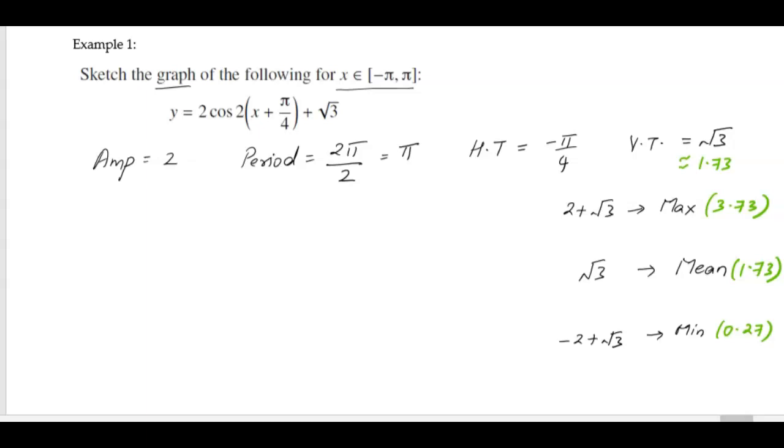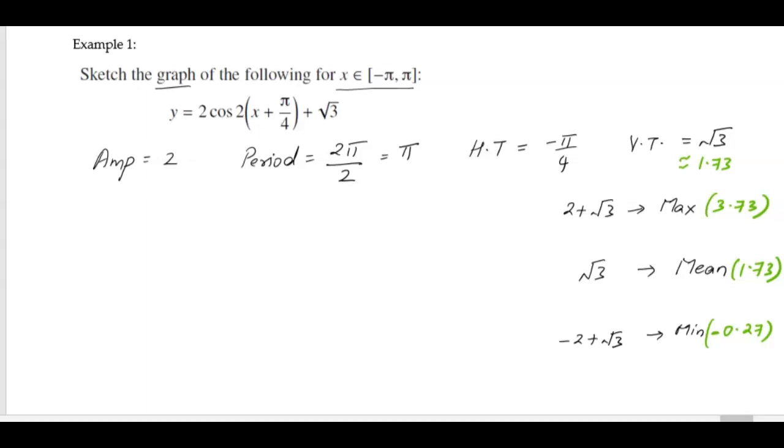Just looking at the maximum and minimum, that tells me that this particular cos function is going to have some x-intercepts, because we've got some values above the x-axis. We also have some values below the x-axis. Just made a mistake here. It's actually minus 0.27. The maximum is 3.73. Our minimum is minus 0.27, which means the graph actually has x-intercepts, right?